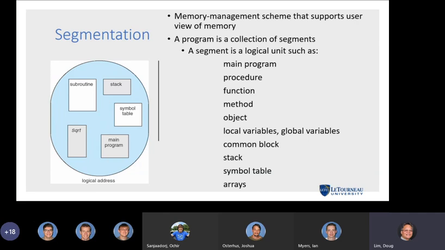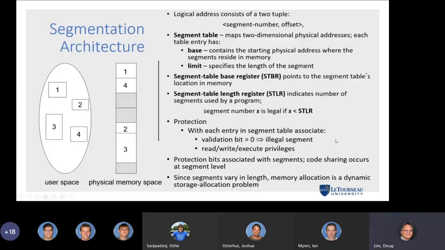And so one technique that is used is to try to model this based on how the user views memory. And so what we look at here is this segmentation architecture.